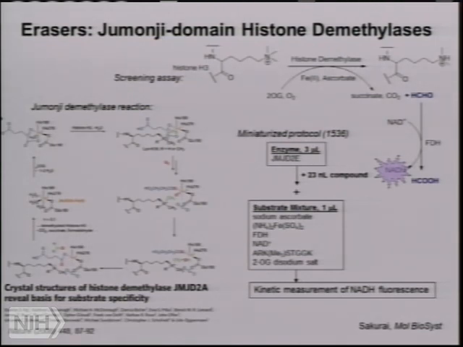LSDs and analogs are like monoamine oxidases. They use flavin cofactor to remove the methyl group. JMJs catalyze this complex reaction that uses iron, utilizes molecular oxygen, and several additional cofactors.